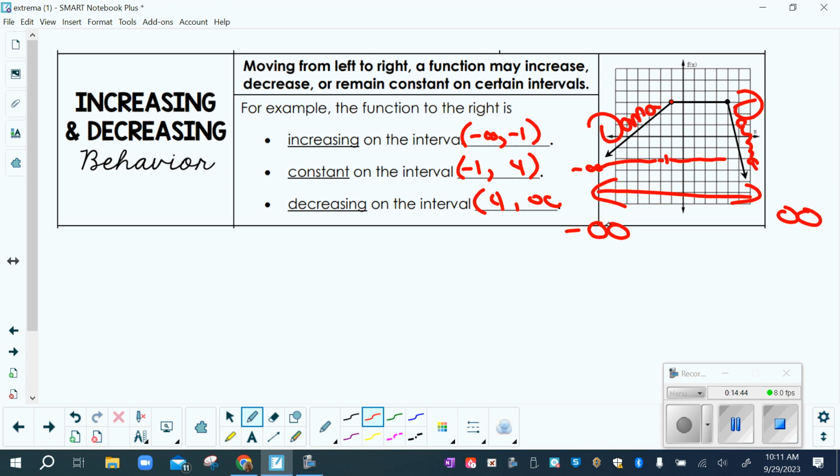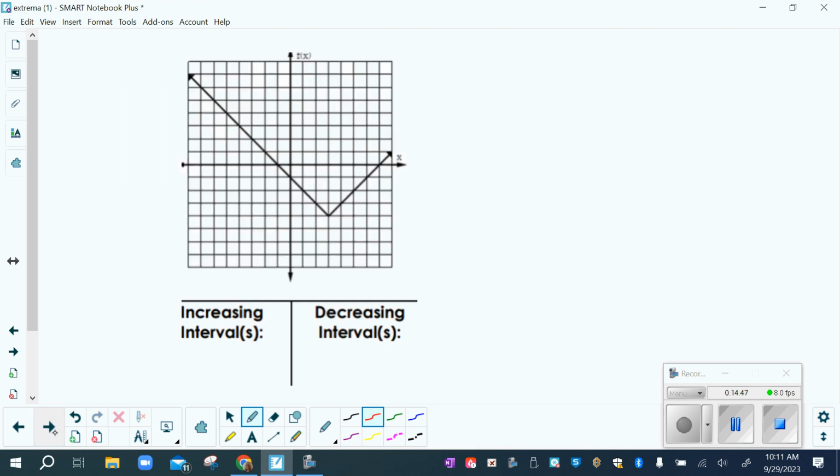I got a nice little graph for you. Here we go. You're going to have a little spot right there. Can you write for me where your increasing interval is and where your decreasing interval is? Again, I'm like, oh, look, it's going up. No, I write my name on it, and it's like, oh, wait, it's going down.